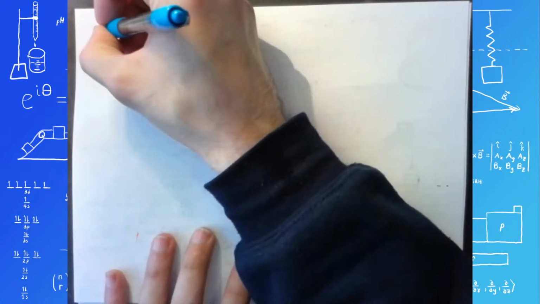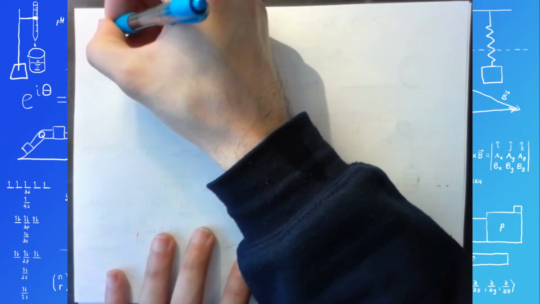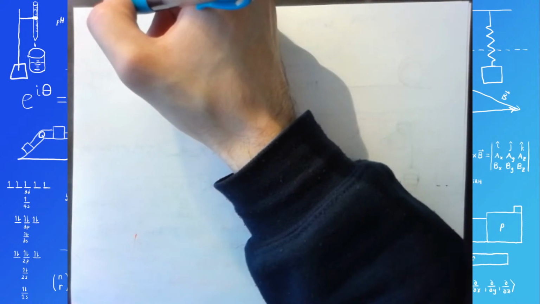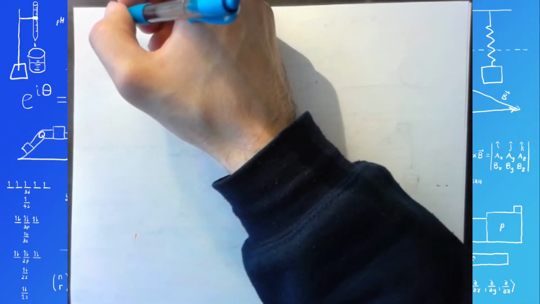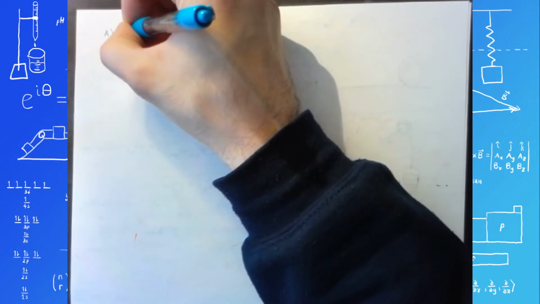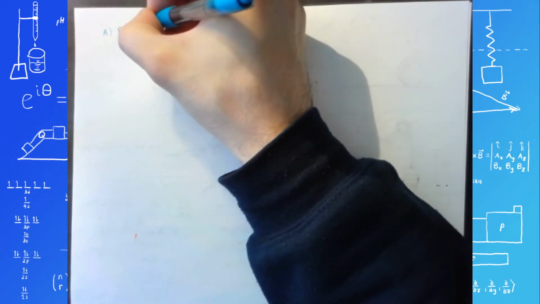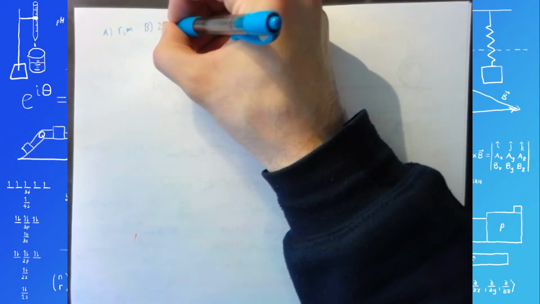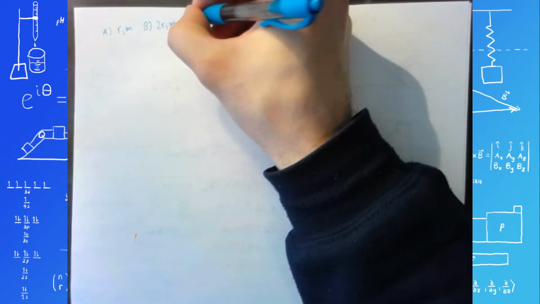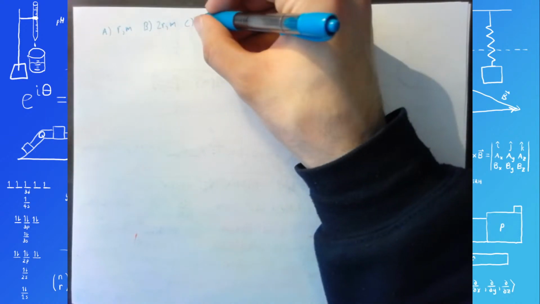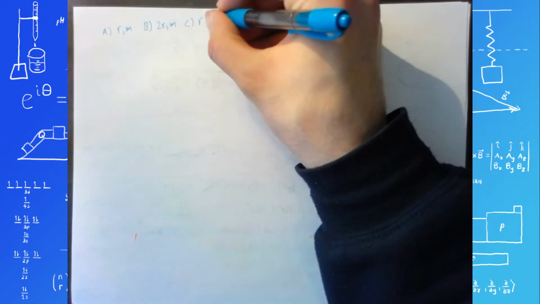So it says, consider 4 objects, all solid spheres. Sphere A has radius r and mass m. Sphere B has radius 2r and mass m. Sphere C has radius r and mass 2m.